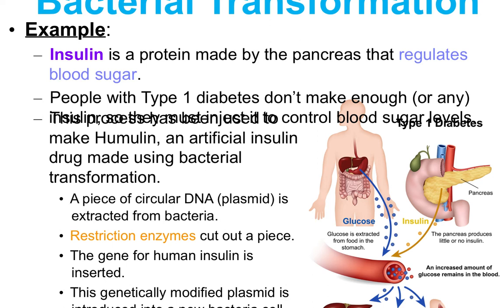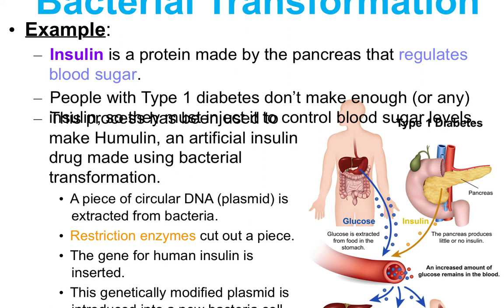A piece of circular DNA, or a plasmid, is extracted from a bacteria, and then we use restriction enzymes to cut the DNA and take out a piece of it. That gene for human insulin is then inserted into that bacterial plasmid, and then we put that plasmid back into the bacteria. This genetically modified plasmid is introduced into those new bacteria cells.